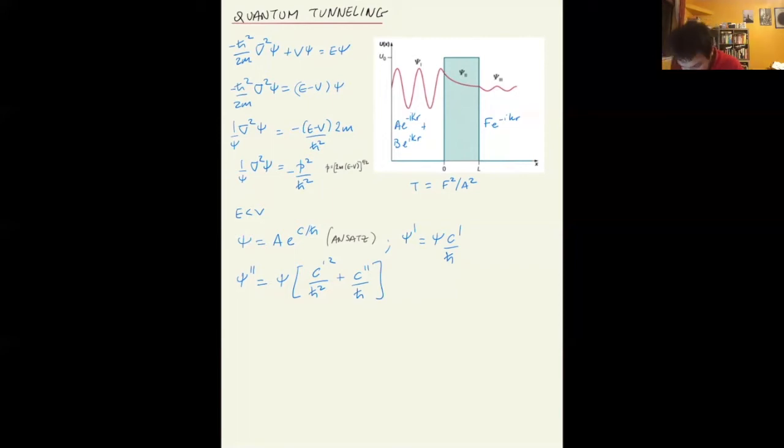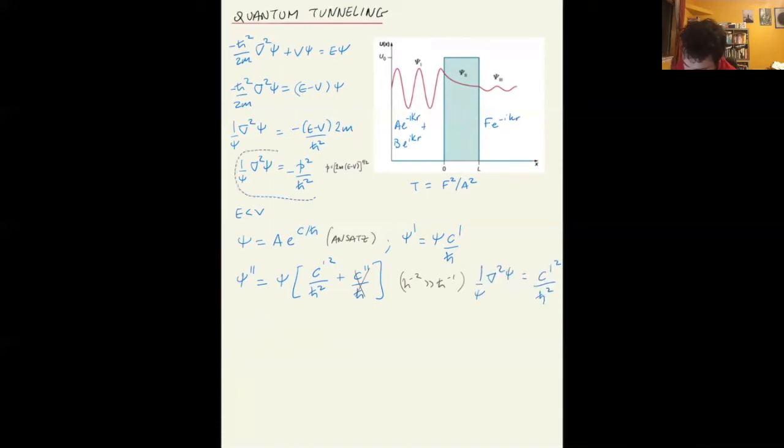H bar is a small number, so this number is much, much bigger than this number. That means that we can ignore the term of the second derivative of c. So if you substitute, the second derivative of the wave function, which is a Laplacian, over psi is equal to c prime squared over h bar squared.